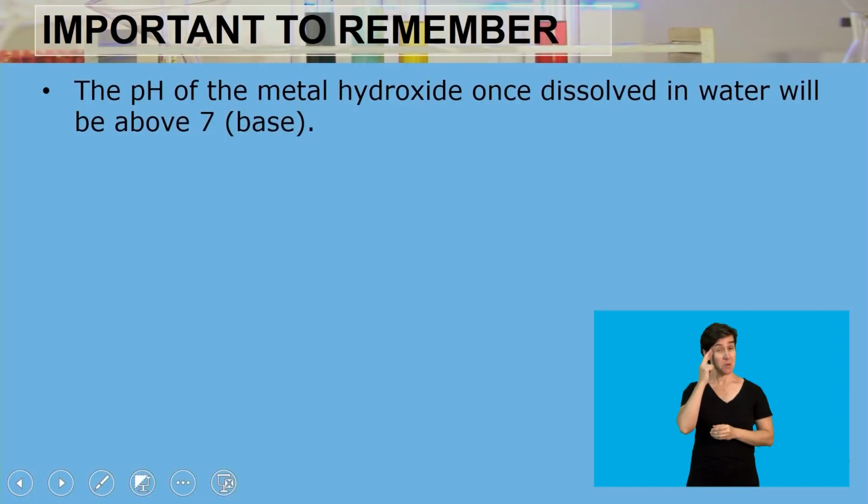Number one, remember that the pH of a metal hydroxide, once it is dissolved in water, is going to be above 7. And once the pH of a substance is above 7, it means that substance is basic, or it is a base. Remember that whenever you move away from 7 towards 14, the stronger the substance becomes.